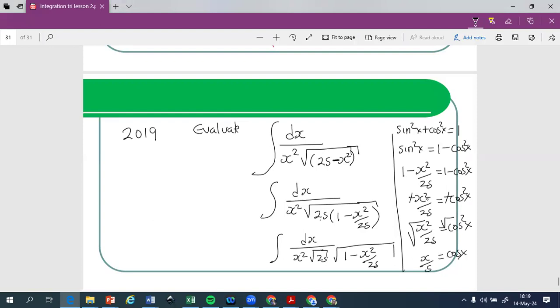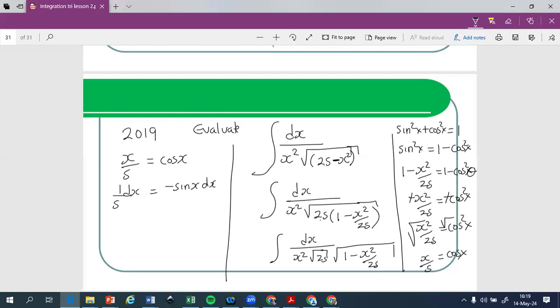After getting this, you go on and differentiate. So you have x out of 5 is equal to cos x. Here you have 1 out of 5 dx is equal to, when you differentiate cos, you get negative sine x dx.